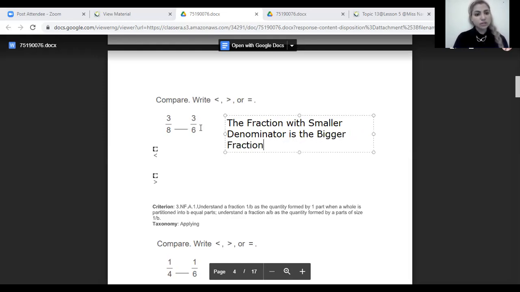So which fraction has the smaller denominator, 6 or 8? Denominator, the number down. So 6 is the fraction with the smaller denominator, so 3 out of 6 is the greater fraction. So this is our answer, 3 out of 6. Please write this down. Thank you. Let's go to the next question.